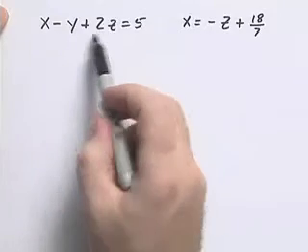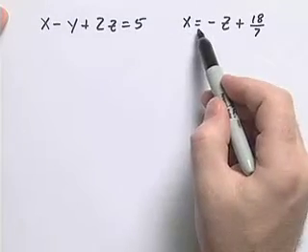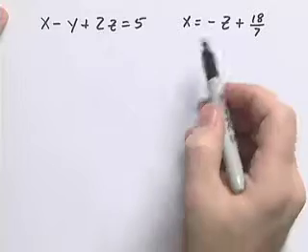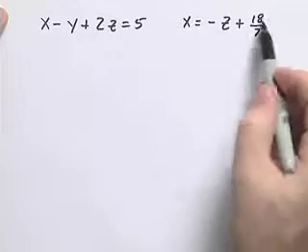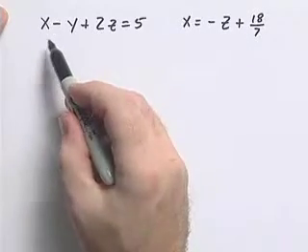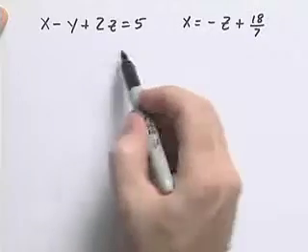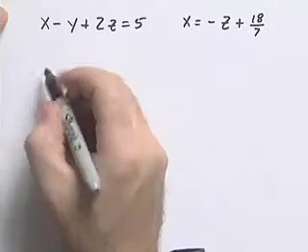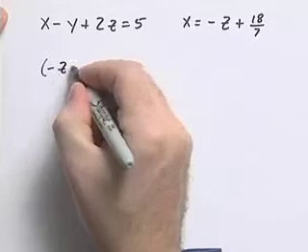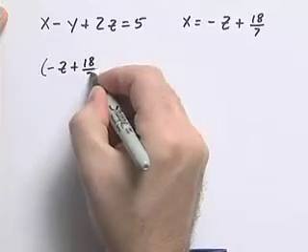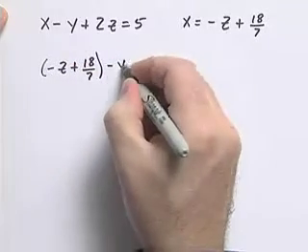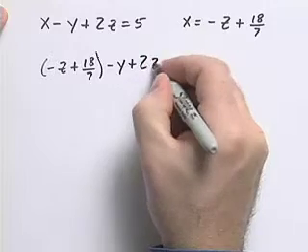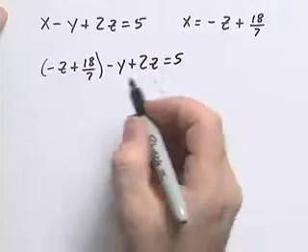Here we've rewritten our first equation, and here we have x solved in terms of z. So we're going to take our definition for x and plug that into our first equation, and then solve this equation for y to get it in terms of z. So here we would have negative z plus 18 sevenths, that's what x is, minus y plus 2z equals 5.